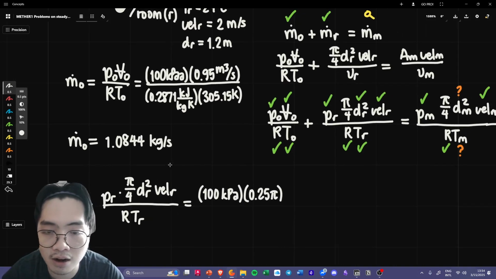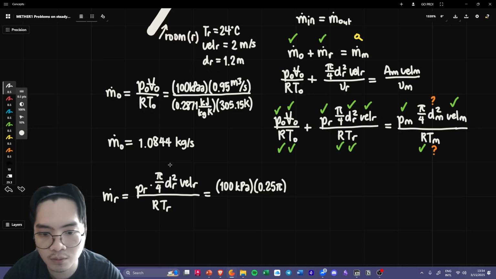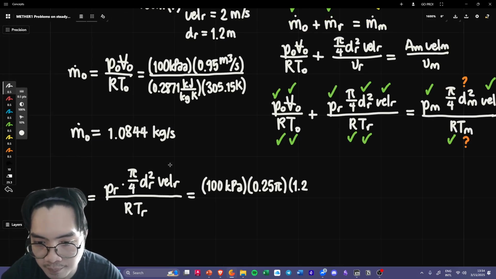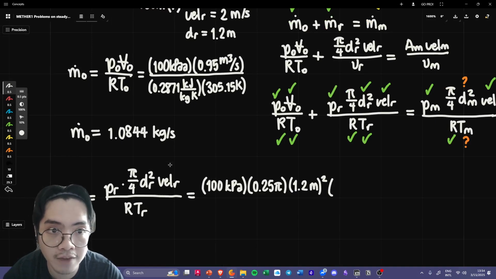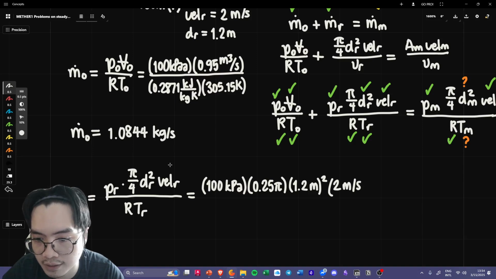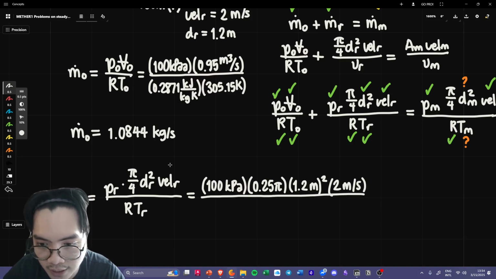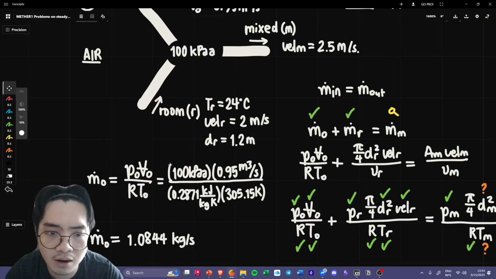And then your dr squared, where's your dr squared? This one, 1.2 m squared times vel r. Your vel r is 2 meters per second all over, again, 0.2871 kilojoules per kilogram Kelvin. And your TR, what is your TR?